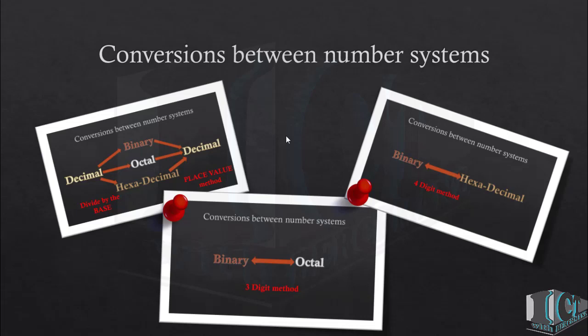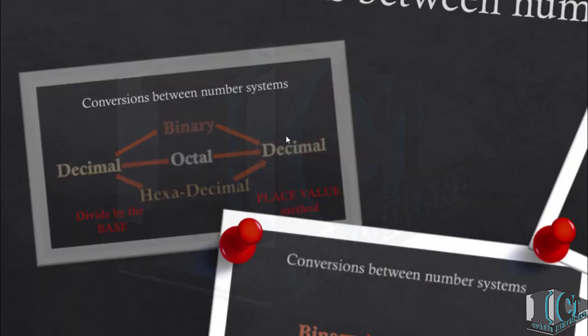So 10 conversions can be done with 4 different methods only. If you are familiar with these 4 methods, then you can do almost all the conversions that are in your syllabus. So we'll look at the first one.